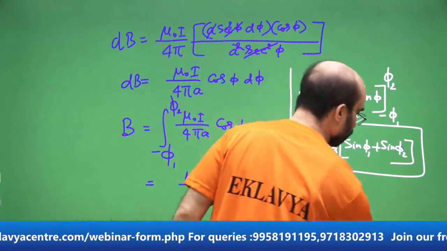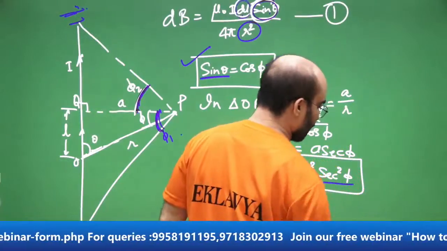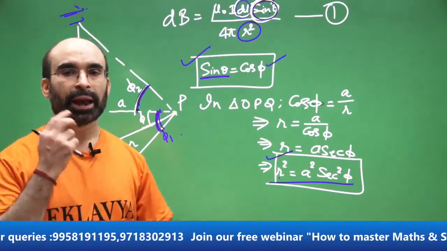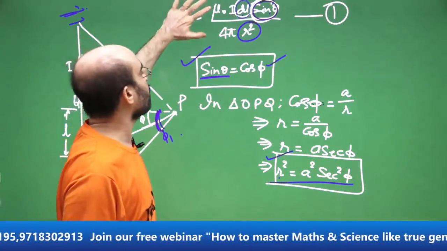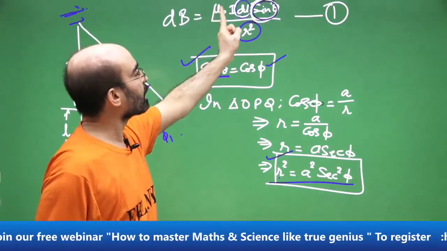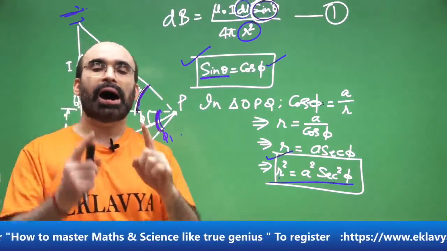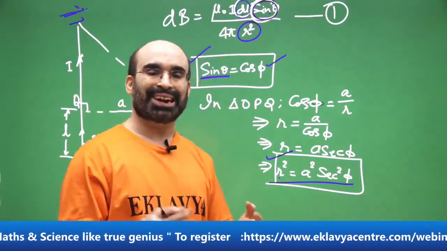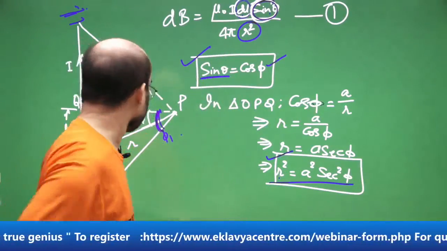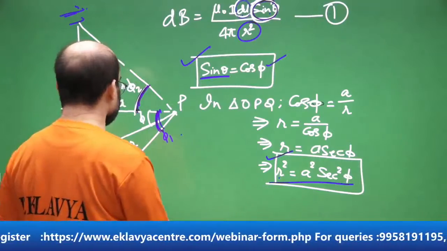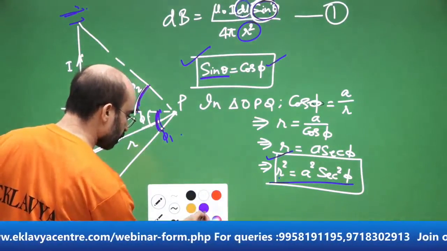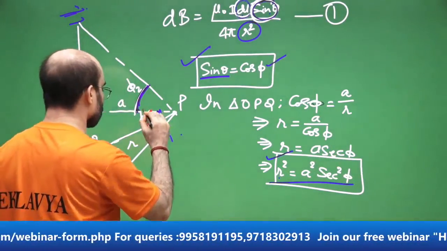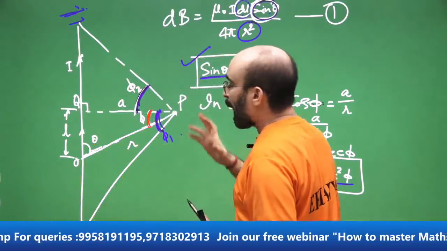So quickly, if we look back, let us see what all things we have done. We have Biot-Savart law. In Biot-Savart law, dl sin theta and r square are expressed in terms of phi. How do we do this?